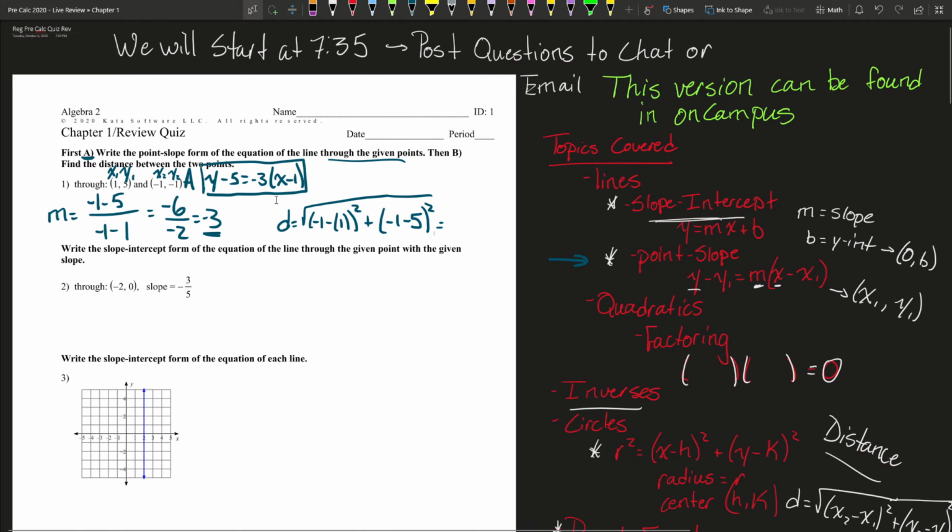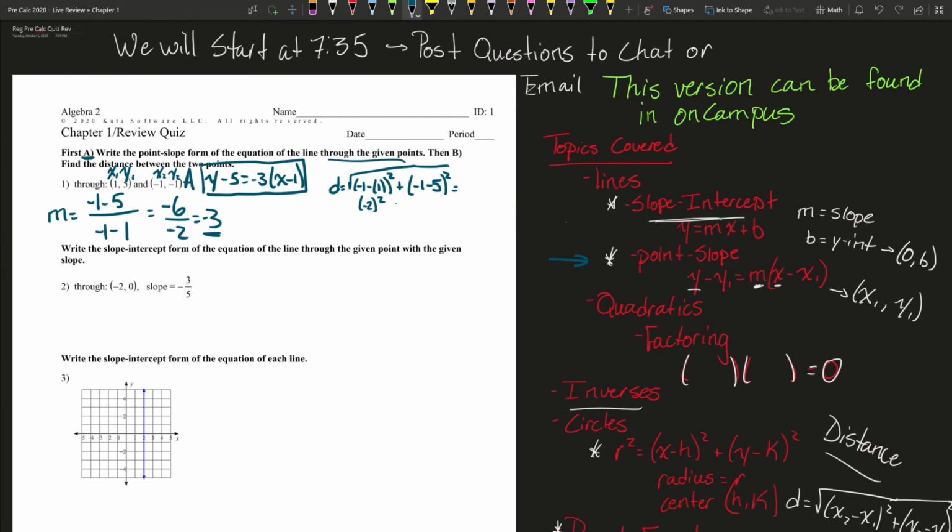I'll scoot this up just a little bit. It's -2 squared plus -6 squared. -2 times itself, that's +4. -6 times itself, that's 36.